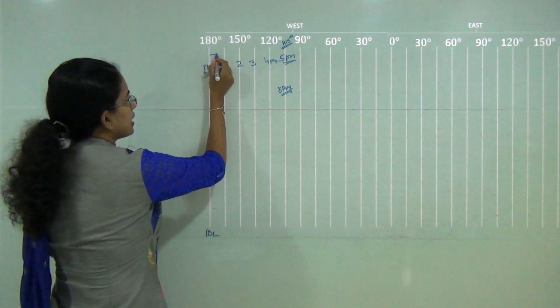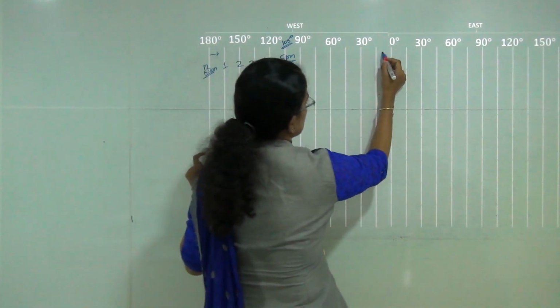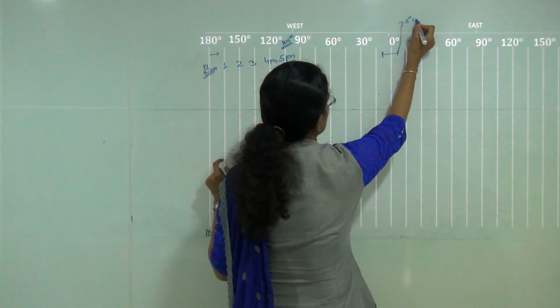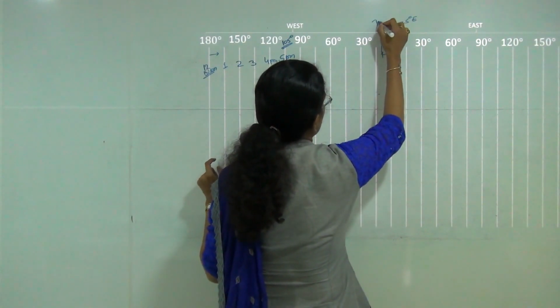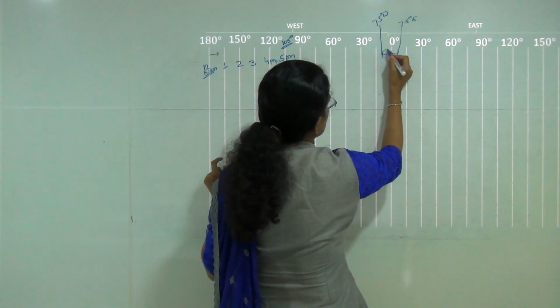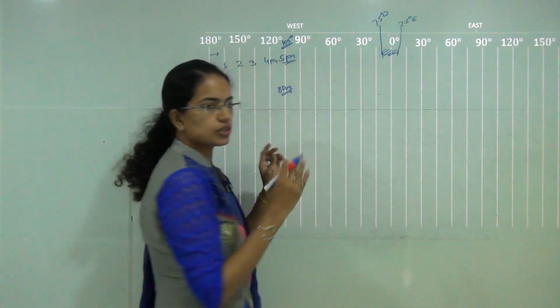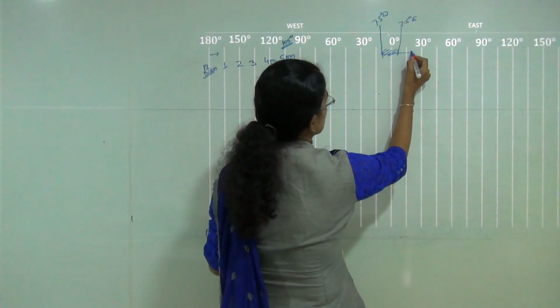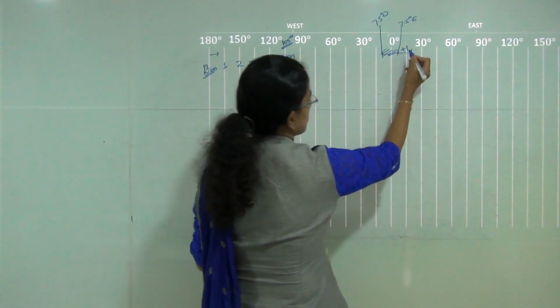Now try to understand, as I said, we are taking this as a range between 7.5 degrees east and 7.5 degrees west, and this whole region would be 0 degrees or the 0 time zone, and then you would have the next time zone which would start from here to here, that would be +1.